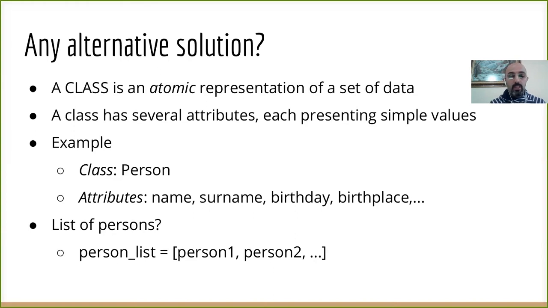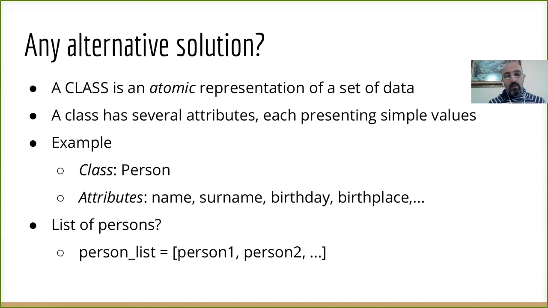And for each attribute, for each variable, we will have the specific value, considering the specific person. So if we need to manage more than one person, we may manage a list not of variables, but a list of classes. Better, a list of instances. Later, we will see the difference between class and instance.